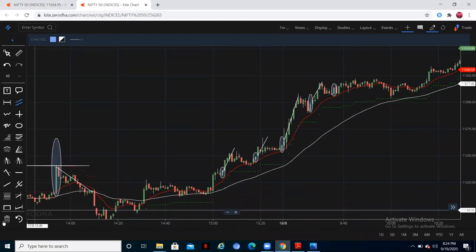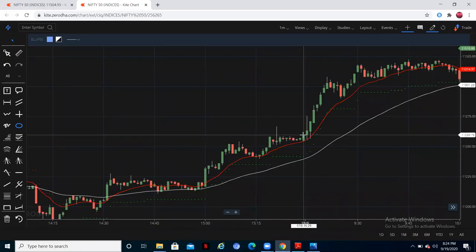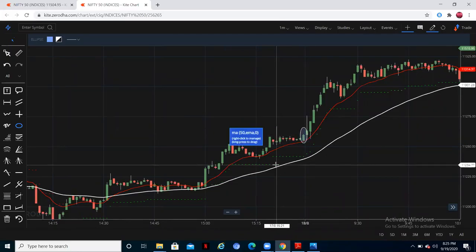And right now, if I'm marking any candle as your entry, suppose I'm marking this candle as your entry, that means once this candle is formed and closed, the stock has given you the entry signal. After that, you can enter, because we are understanding things on the past chart. So this is what I mean when I'm marking any candle.